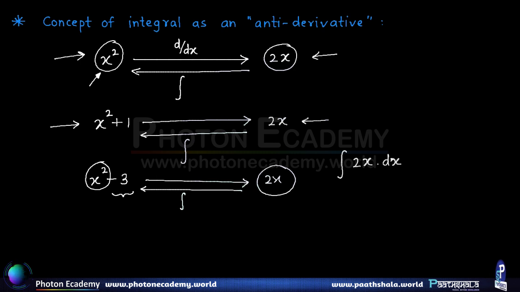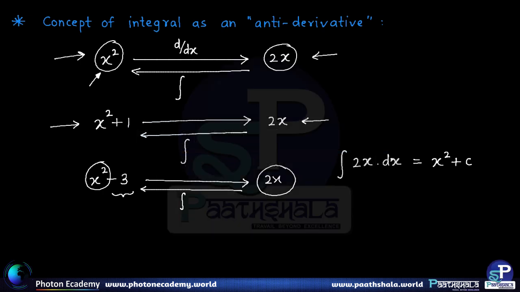Similarly here we are integrating with respect to x, and the answer is x square plus some constant c, which we don't know, but there will definitely be some constant, and this is called the constant of integration. It is important to note that there will always be some constant of integration.